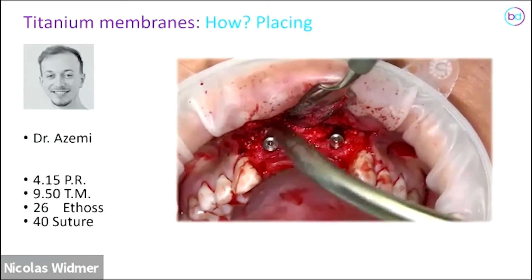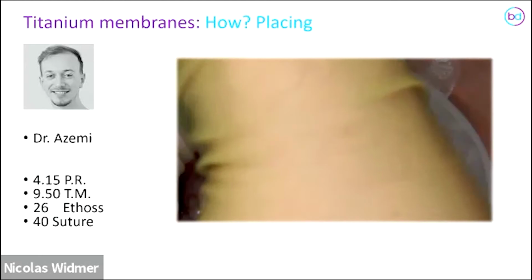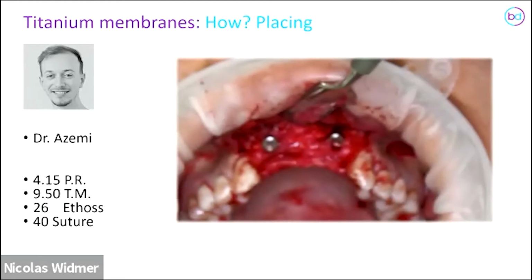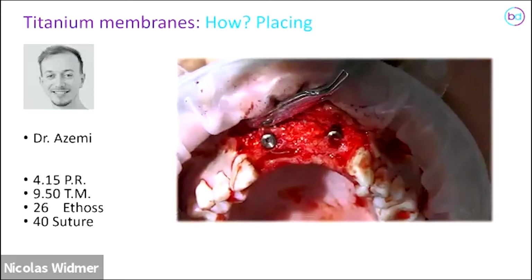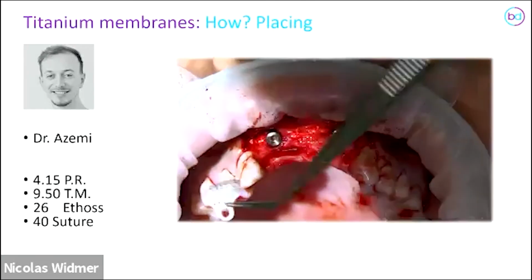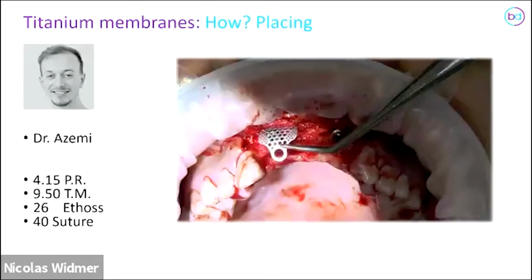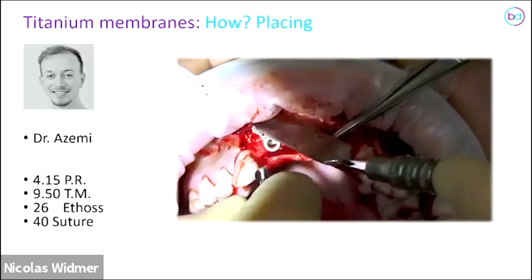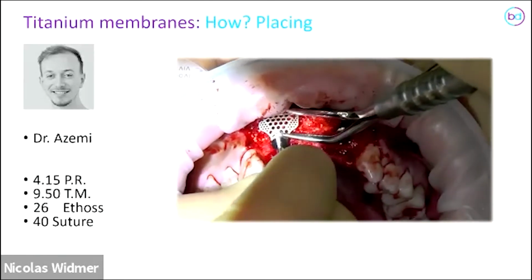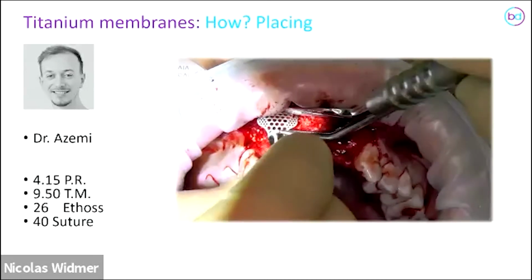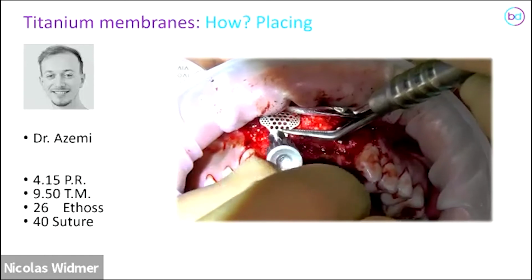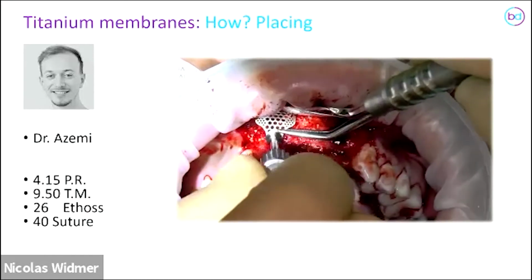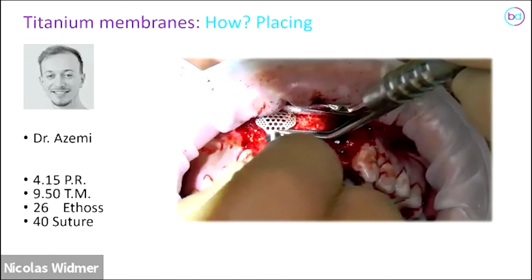So with this system, when you can stabilize the membrane with the implant, it's very convenient. So you can see the membrane, you can hold it with the pliers, and then you can use this, in this case, it was a cover screw, and fix the membrane.